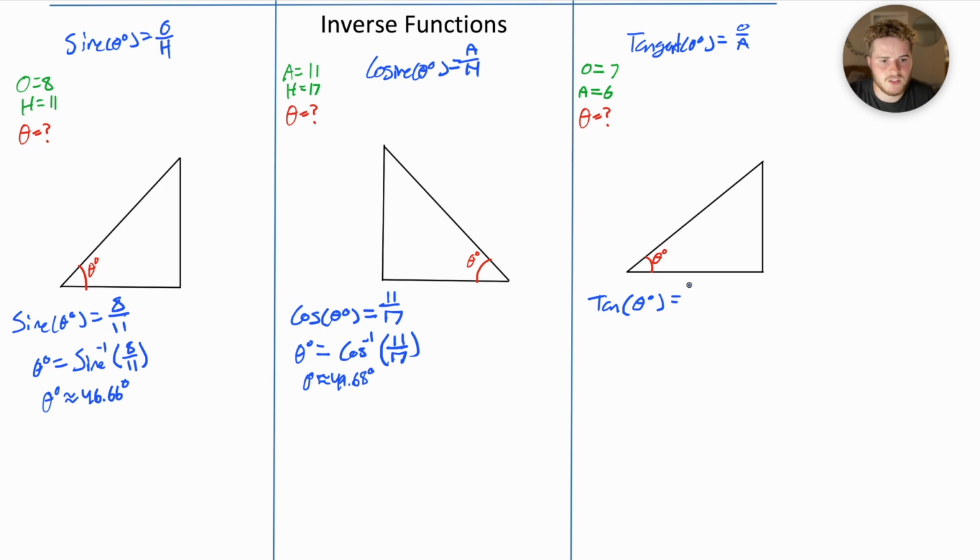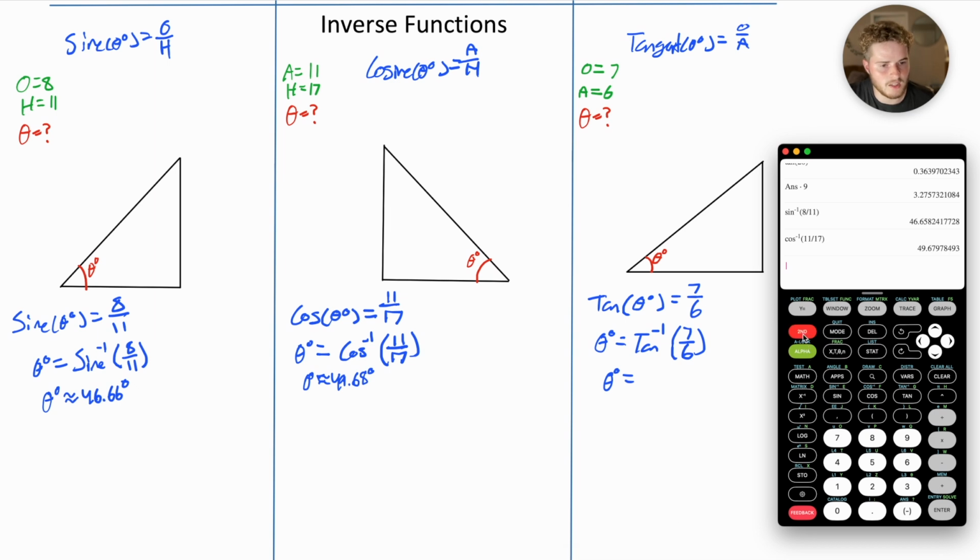In this case, that's 7 over 6. We'll use our little trick to say theta degrees is equal to tangent inverse function, or inverse tangent. And then we keep opposite over adjacent. And we're going to use this to figure out what our theta is, our missing angle.